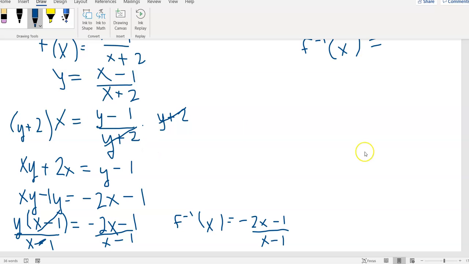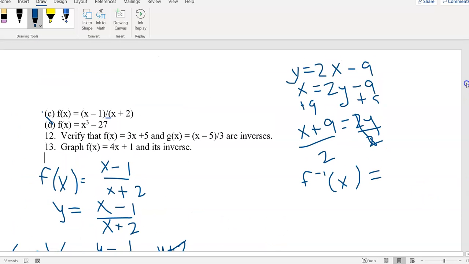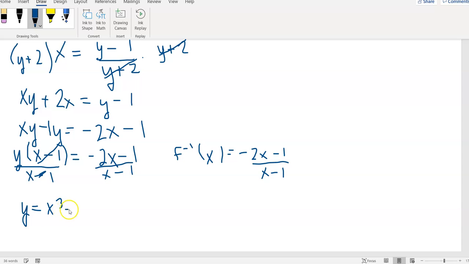All right, now let's do that last inverse. So let's see, it was x cubed minus 27. All right, so let's first change the f of x to y. Let's switch our x's and y's.